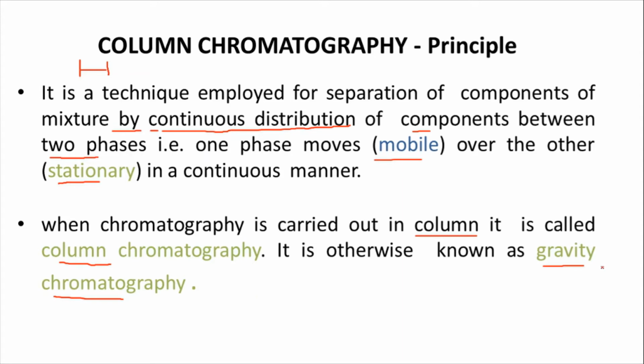Because we add the sample at the top of the column, the samples migrate, and we collect the fractions of the sample. So the separation is directly based on gravity, and separation based on gravity is called gravity chromatography. Please keep this in mind.